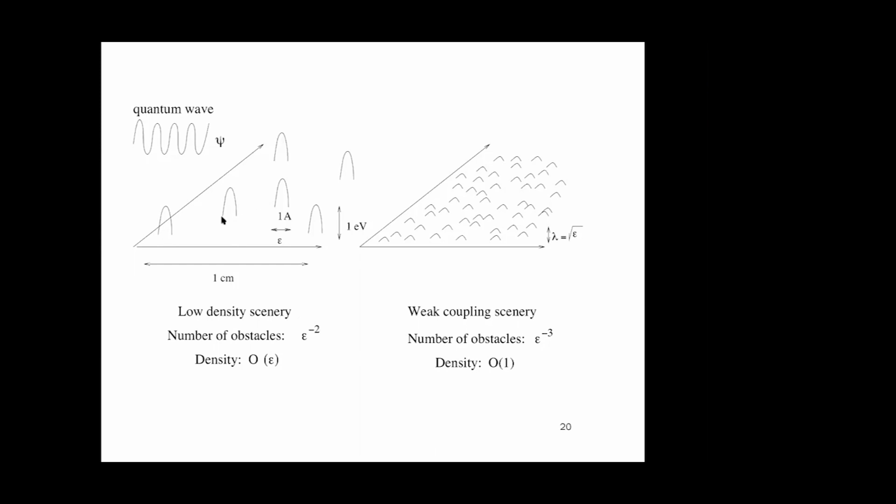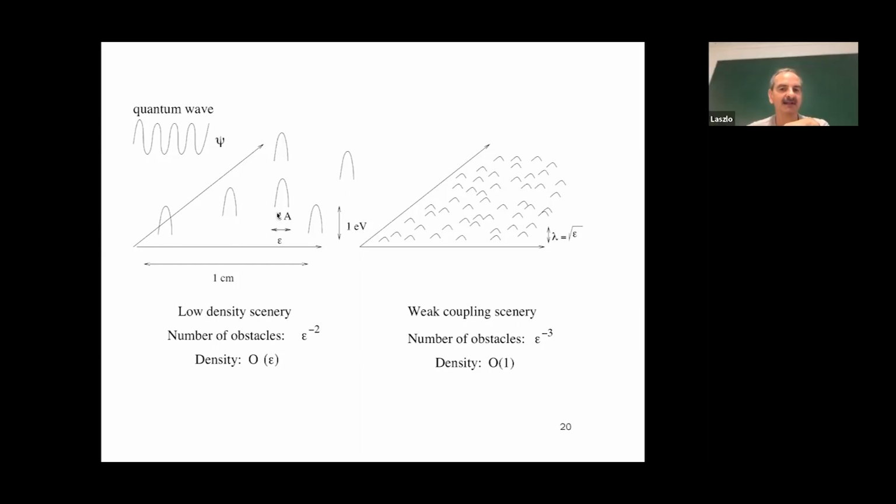So imagine that you have a Poisson point process with a certain low density, and then around each point, you just put a bump potential. This is one picture, and the other picture, which we are actually going to discuss, is the weak coupling situation, when you have random potentials everywhere with a unit density, but their size is small. This is this lambda, and this will actually be square root of epsilon later on.